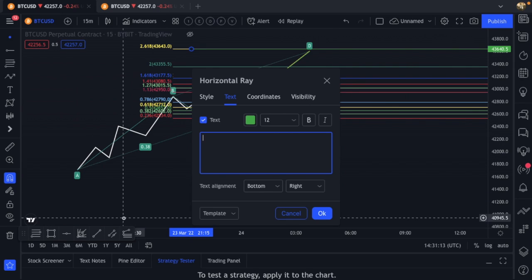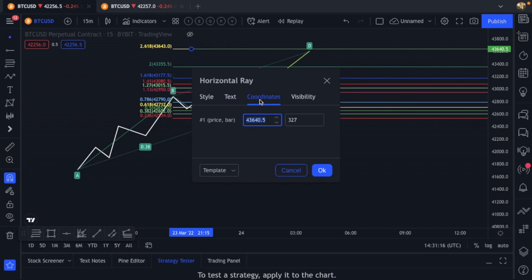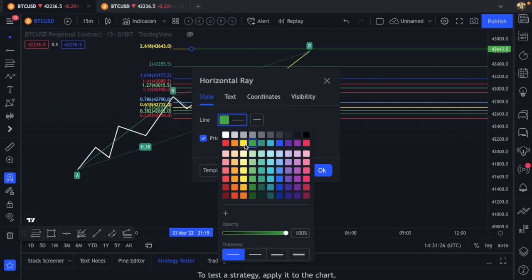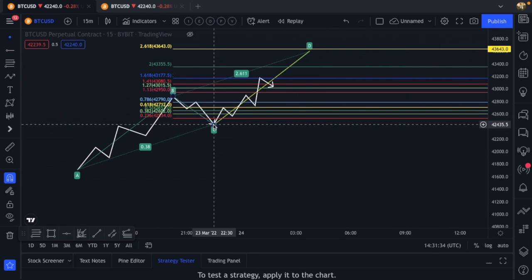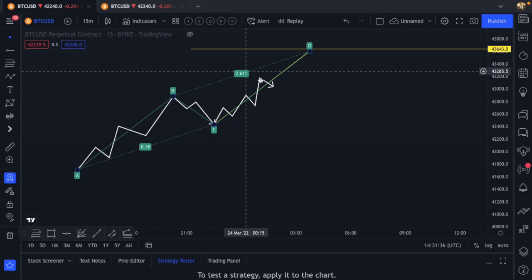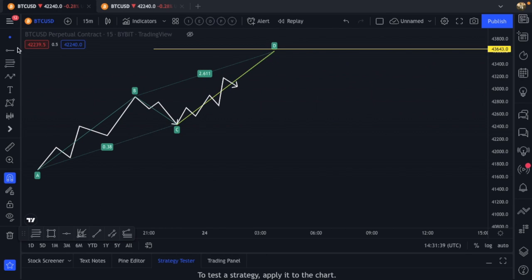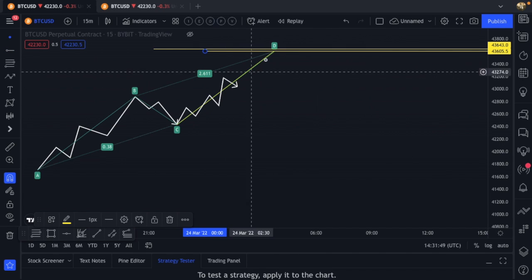So I'm just going to mark that coordinate down: 43,643. Okay, and I don't want it green. I want it to be relatively yellow since it is a 618. Now I'm just going to close this fib out, and do the exact same thing with the terminal of my initial projection I did with my trend line.